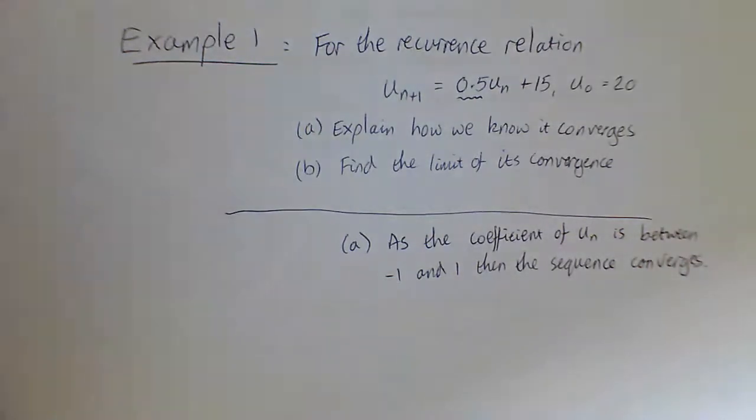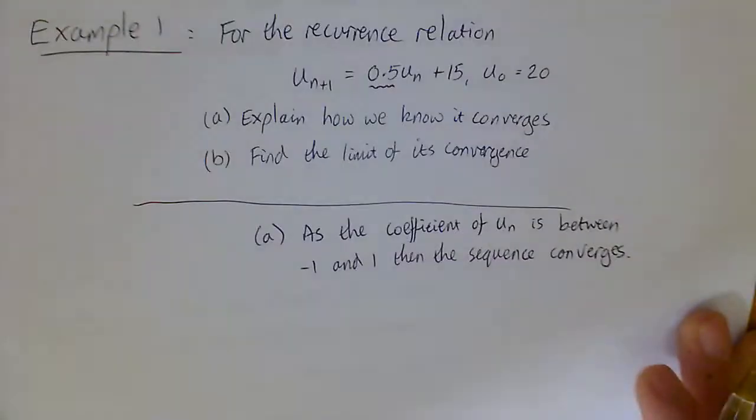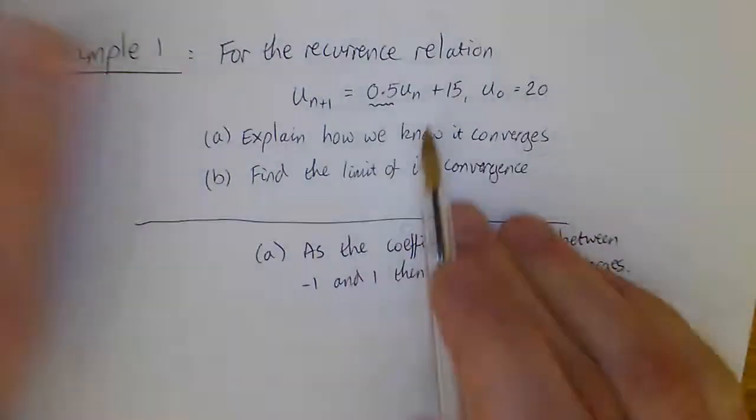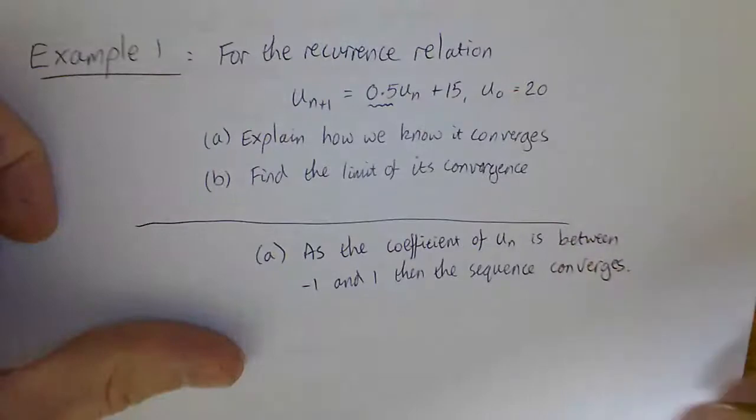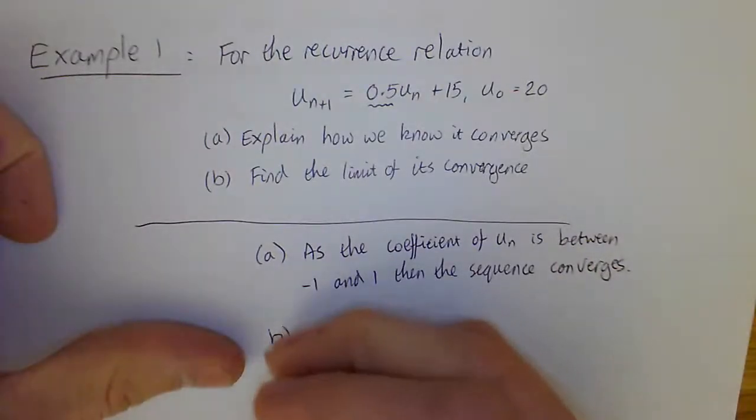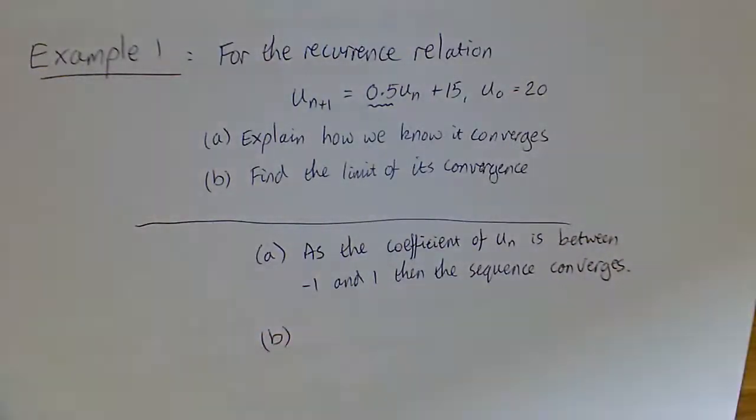So that's the first thing. We know it converges from that fact that if this value in front of the un is between -1 and 1, it converges.